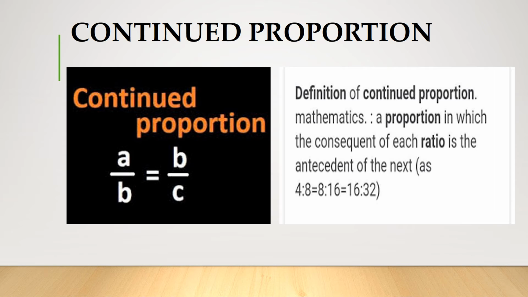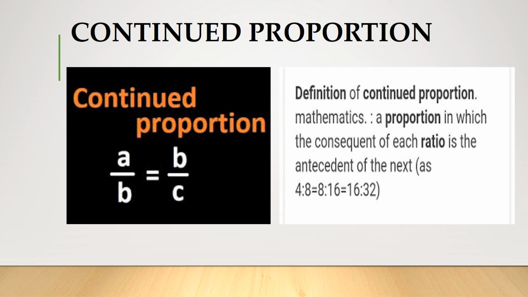For example, 4 is to 8 is equal to 8 is to 16. 4 is the antecedent, 8 is the consequent, and in the second ratio 8, the consequent, becomes the antecedent.